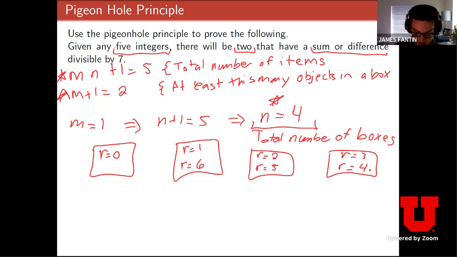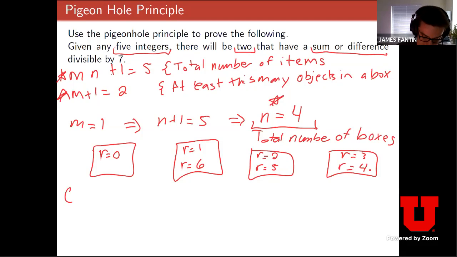So then we can go ahead and continue with the rest of the proof. If we're asked to prove that there are going to be 2 that have a sum or difference divisible by 7, the first thing we should do is say, I know that one of these boxes is going to have at least 2 items.